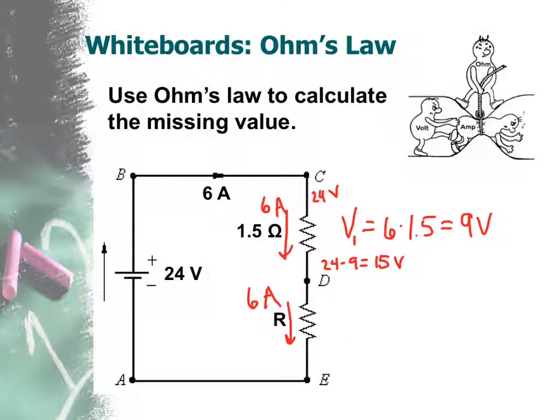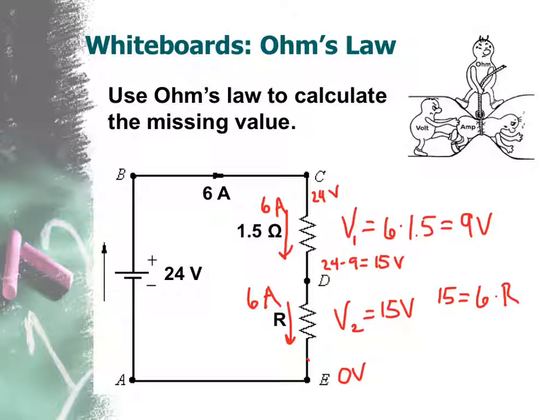Okay. And then we know that this side of the battery is at 0 volts, so the change in voltage across this resistor, or actually I should say V2, the change in potential across resistor 2, is going to equal 15 volts. If I know that that's true, then I can use Ohm's law. 15 volts equals 6 amps times our unknown resistance.